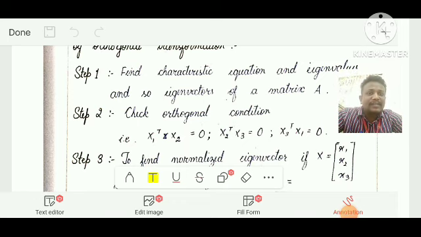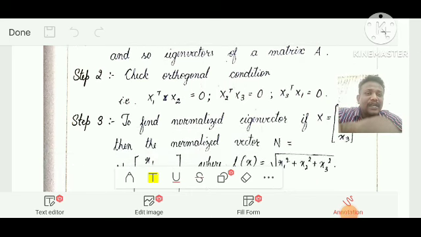To verify that, we have the orthogonal conditions: x1 transpose x2 is equal to 0, x2 transpose x3 is equal to 0, and x3 transpose x1 is equal to 0. If our eigenvectors satisfy these conditions, then we have proper eigenvectors.